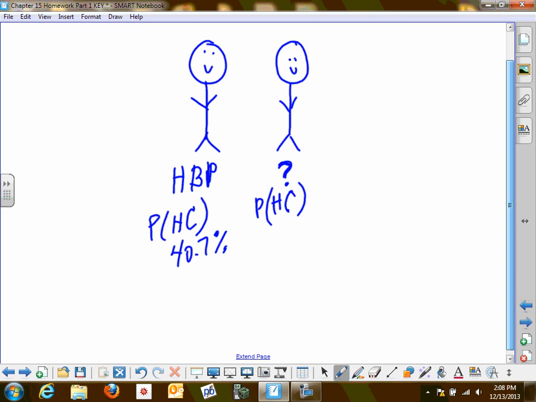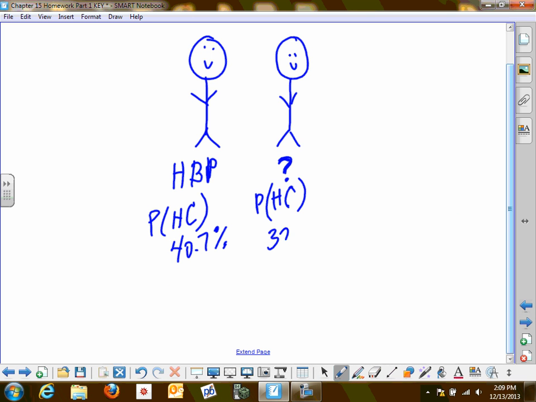So, look what has happened. Here's the key. Knowing that you have high blood pressure has done what to the chance of you having high cholesterol? Increased. So you would then say there's a relationship. There's a connection between high blood pressure and high cholesterol.